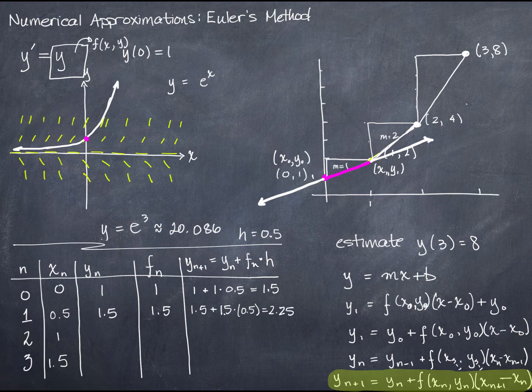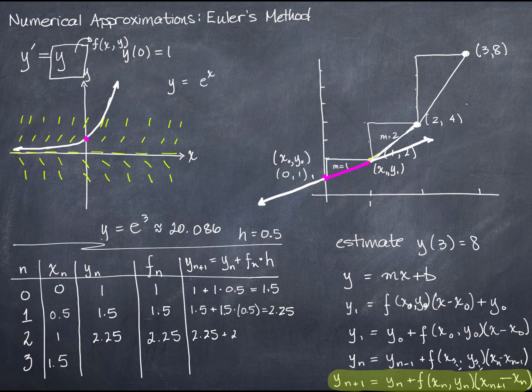That's my new y value, so I can put it down here. As it happens, my y prime, my slope, is the same as my y value. So my new y value is going to be my old y value plus my old slope. I guess I should call it my current slope.